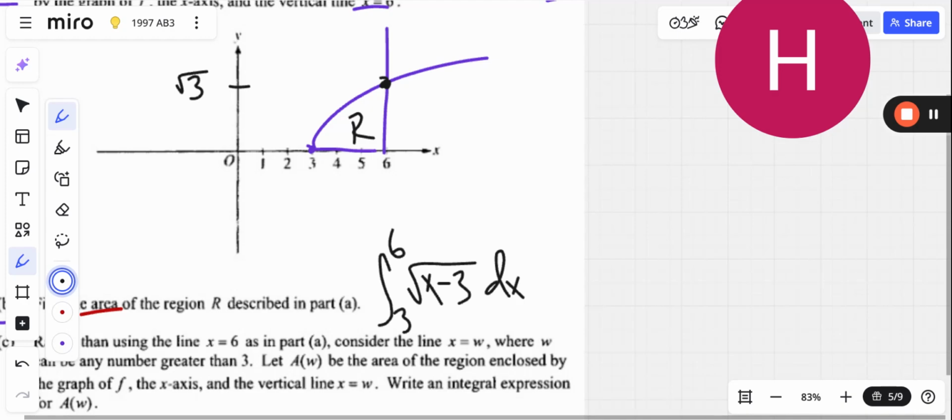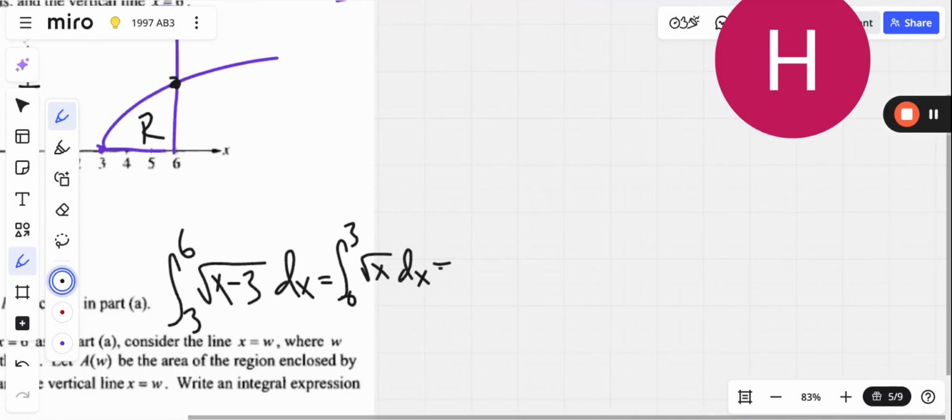Now you could do some, shall I say, trickery, because this is equivalent to the integral from 0 to 3 of square root of x dx. I just want to point that out. And so this is basically going to give us 2/3 x to the 3/2. You should be very comfortable with integrating already, and this is going to go from 0 to 3.